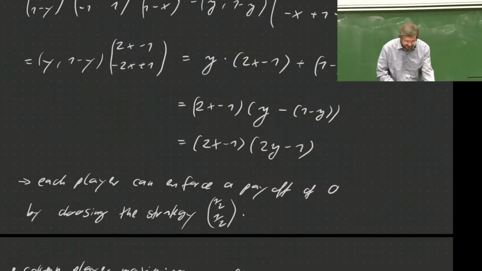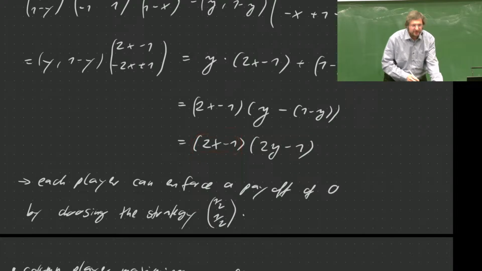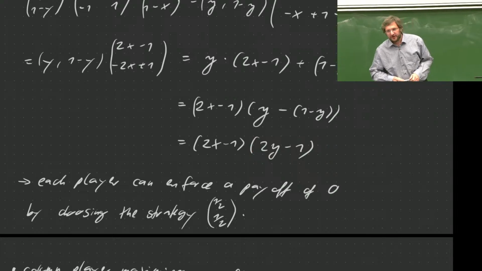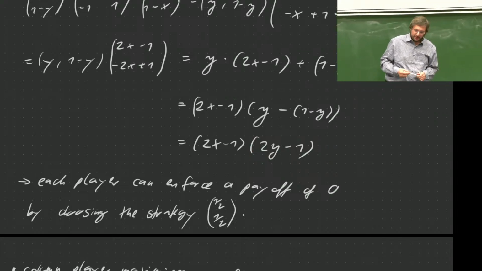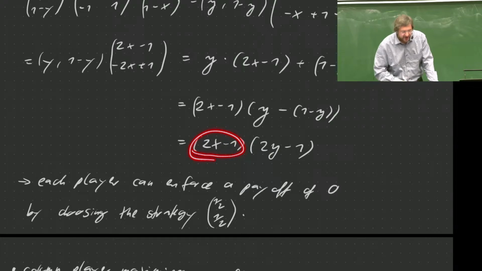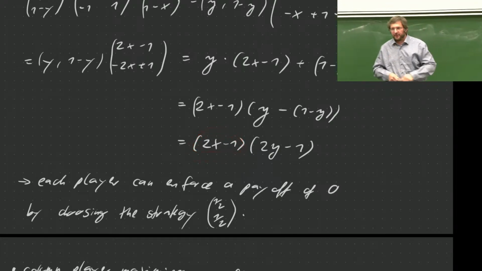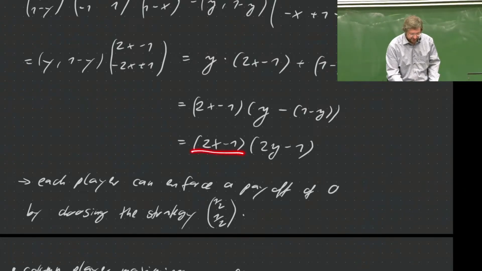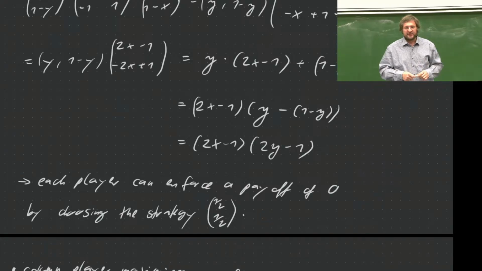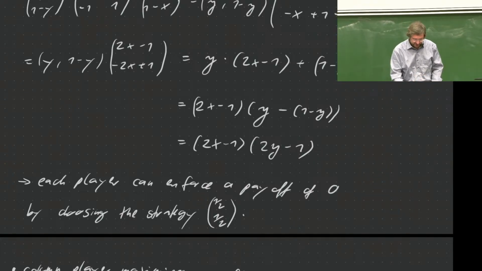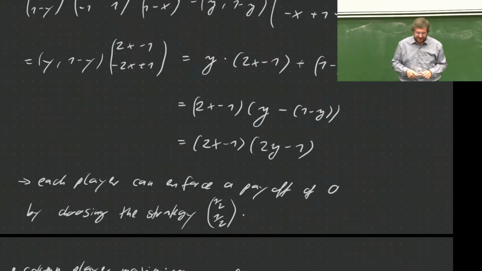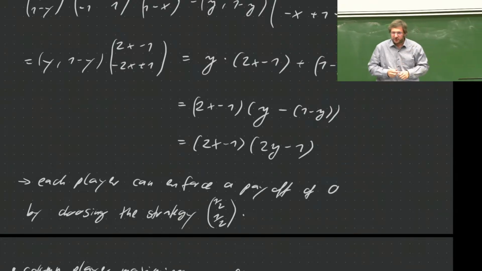On the other hand, if the column player chooses to make this part here negative, then the row player will make this positive and again win something. So if column chooses to make this positive or negative, then he'll always be outplayed by row. So his best choice, obviously, is to make this 0. That means he can ensure at least not losing anything. And the same is, of course, true for the row player. So that's a pair of best responses, and that means we have a Nash equilibrium and an optimal strategy.